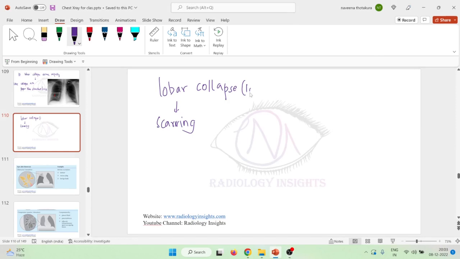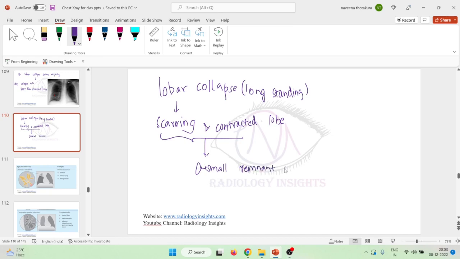If the lobar collapse is present for a long period of time, that is, if it is a long standing case, then the lungs might become scarred and contracted. The lobe can become shriveled, scarred and contracted. So this lobe can be seen as a small remnant of lung tissue. I tried for many X-rays, but I could not get this X-ray actually.